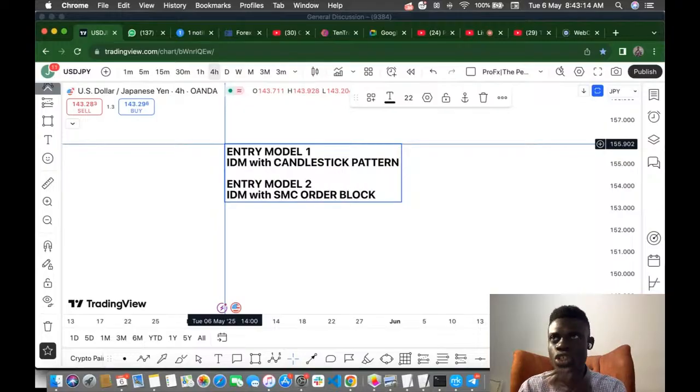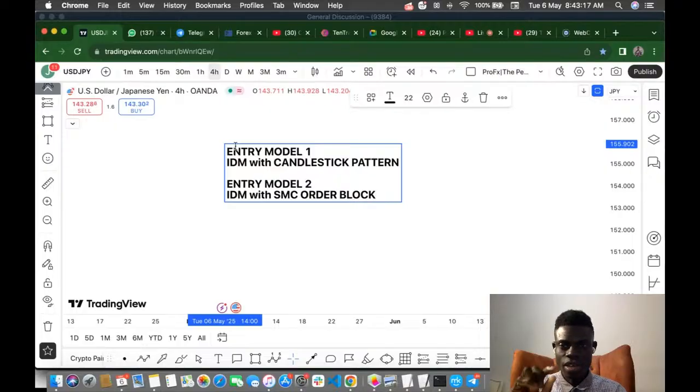Was it UJ that we did just now? After the IDM, it printed out the pattern, it went up, it came back to that same order block and it went again.